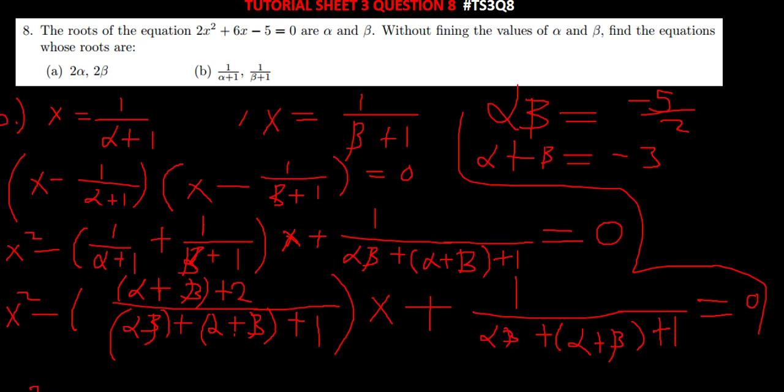I think this is going to give you something like 9x squared minus 2x. I think this is what you get. So this one is a simplified version of the answer that you must get.